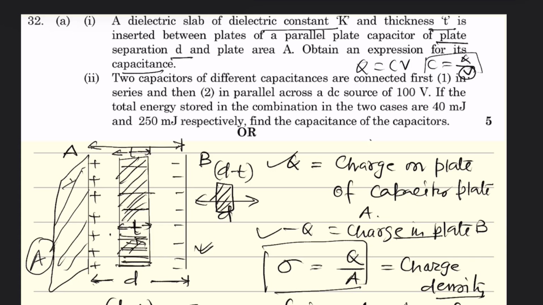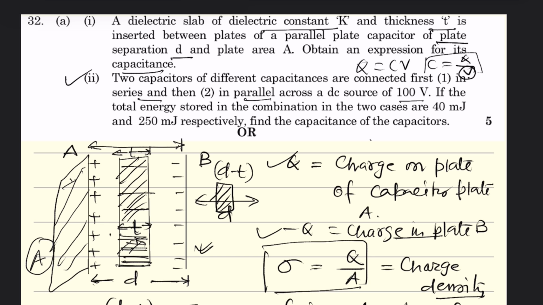Now, next question. Two capacitors of different capacitances are connected in series and then in parallel with a DC source of 100 volt.